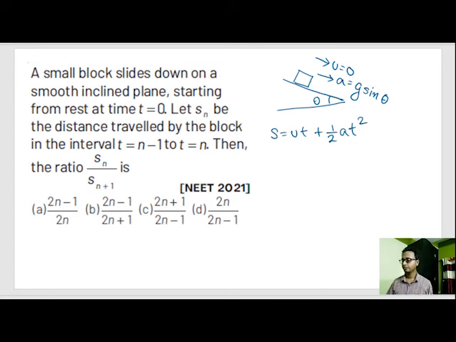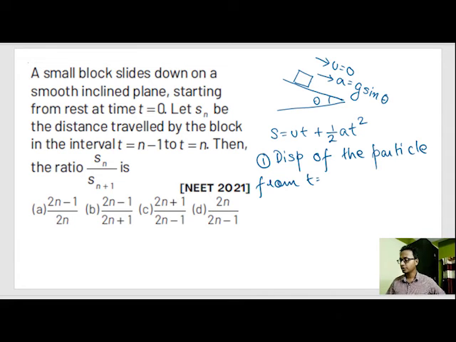So the displacement of the particle from t is equal to 0 to t is equal to n.